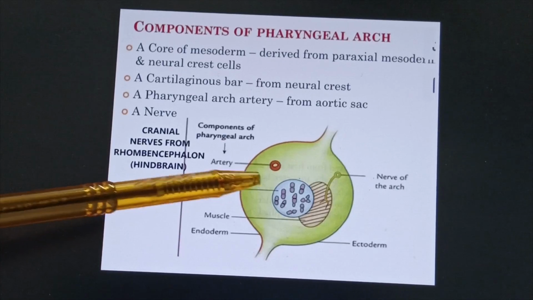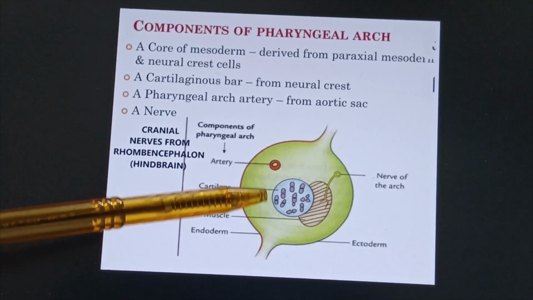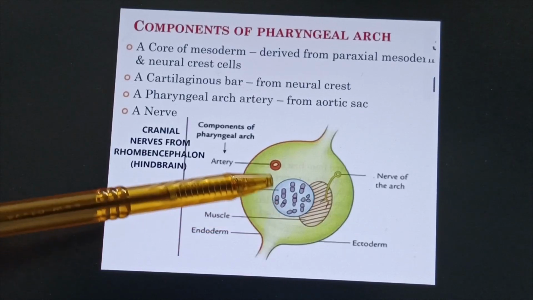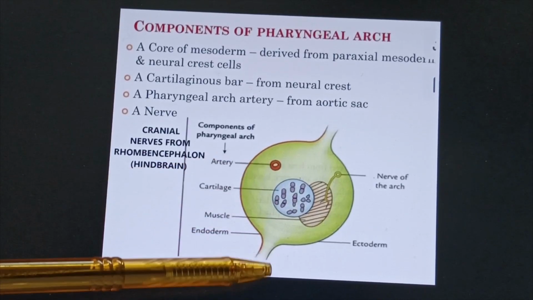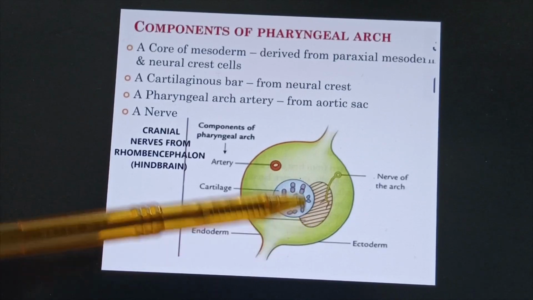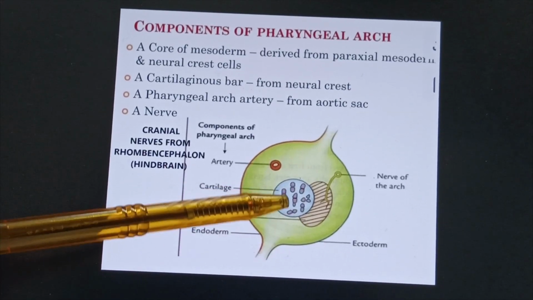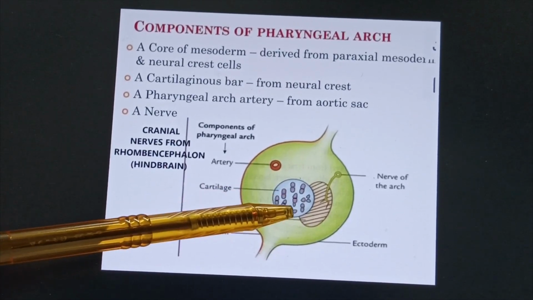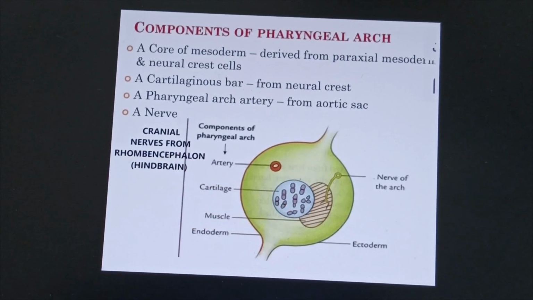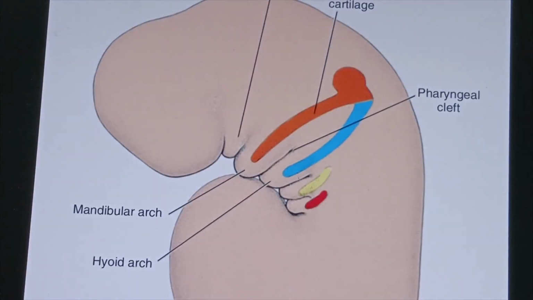Every arch must have a few things in the center. It must have its own artery, its own nerve, its musculature, and the cartilage, later on the bony tissue. So we should know that all these things are the components of the pharyngeal arches.